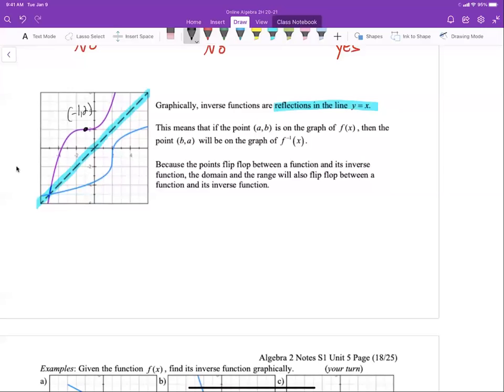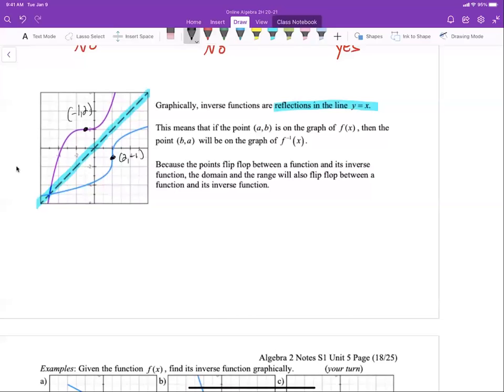If I graph that point and switch the x and y values, sure enough, at (2, -1) there is my data point, and that is a reflection across the y equals x line. Okay, all right.